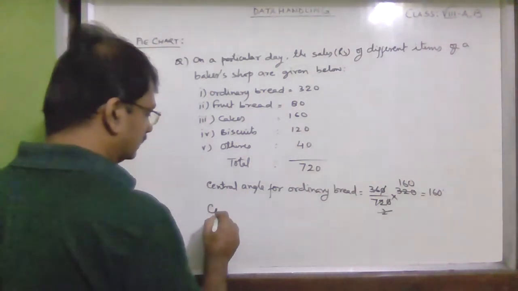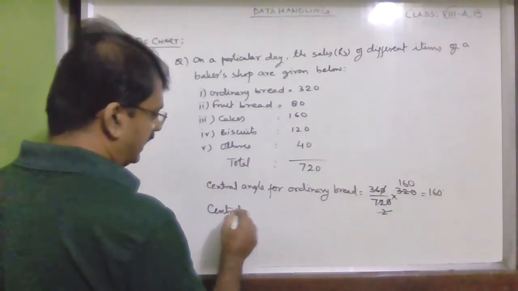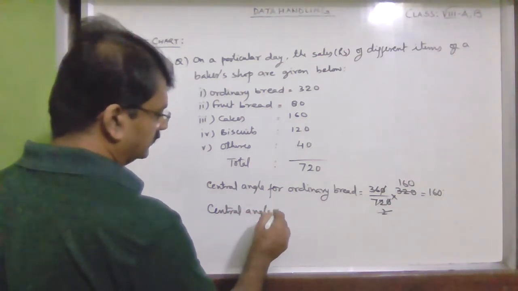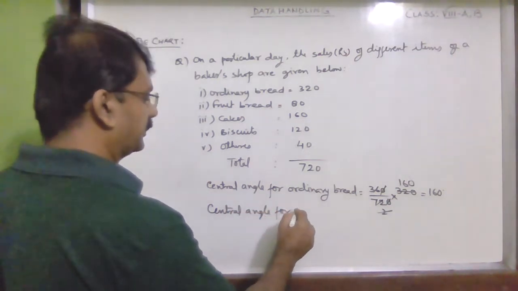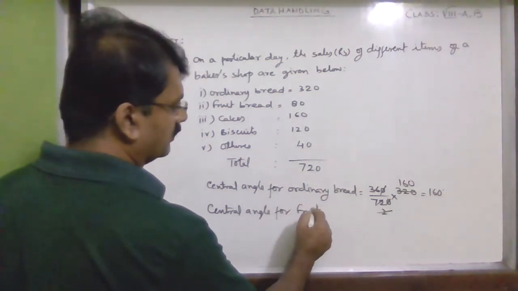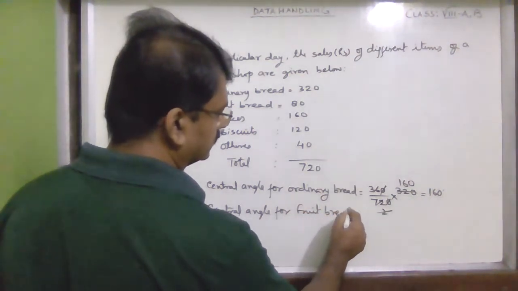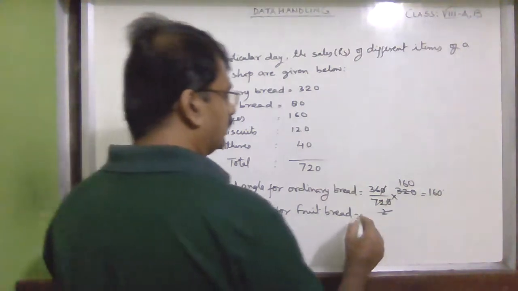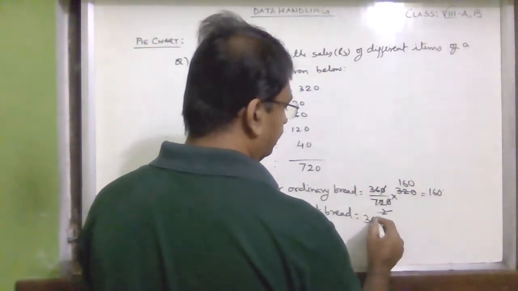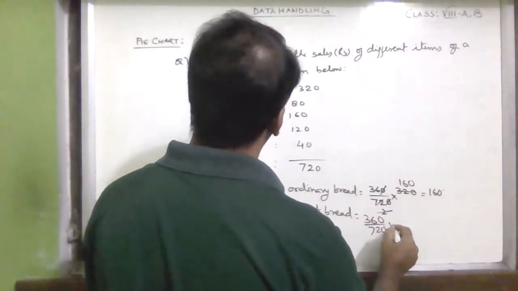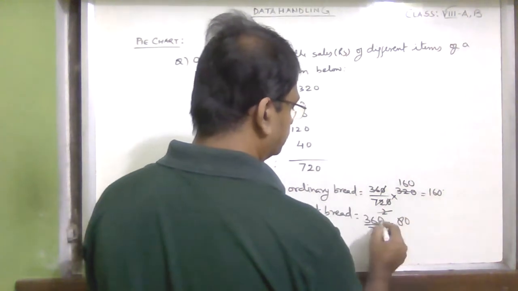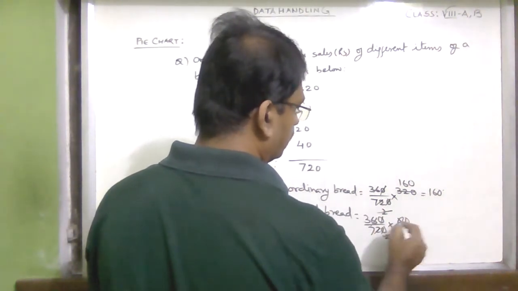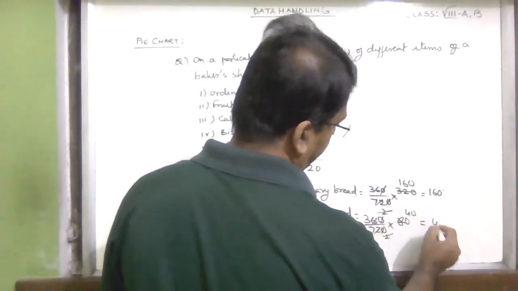Now central angle for fruit bread will be, once again, 360 upon 720 into 80. So 40 degrees.